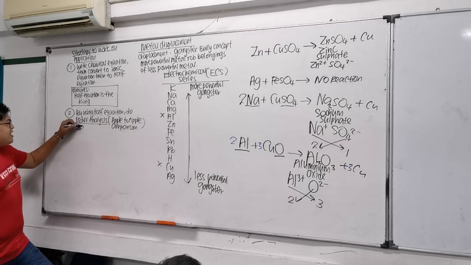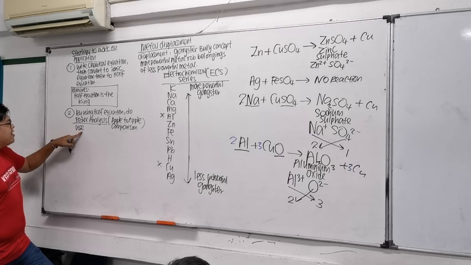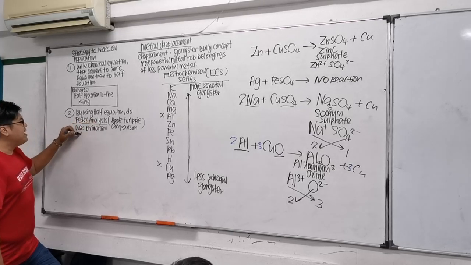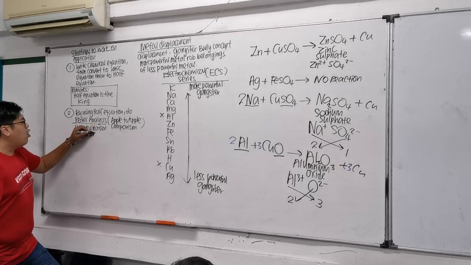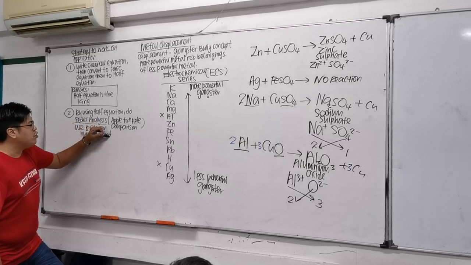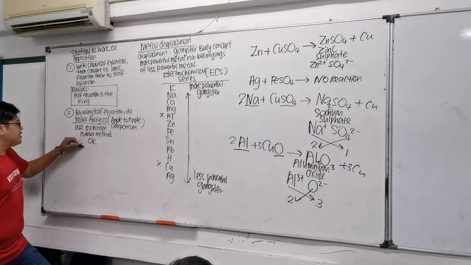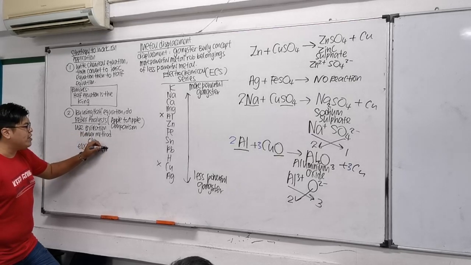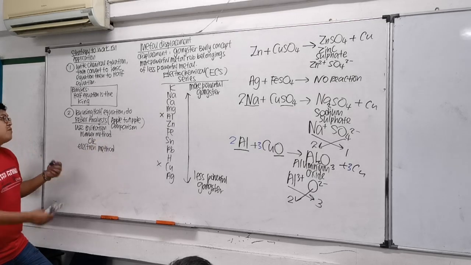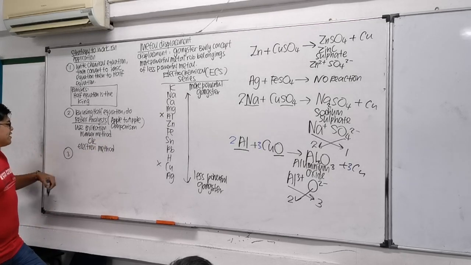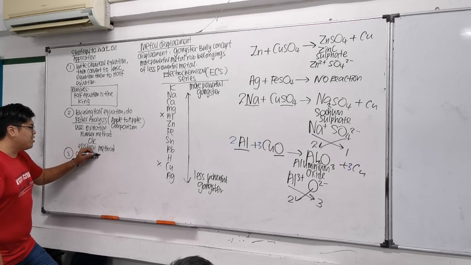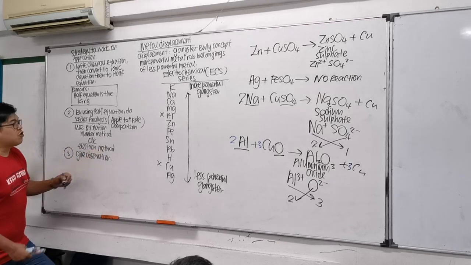You can use either the oxidation number method or the electron method, all of which we learned already. No worry. Last, you must give me an observation. We'll talk about this later.